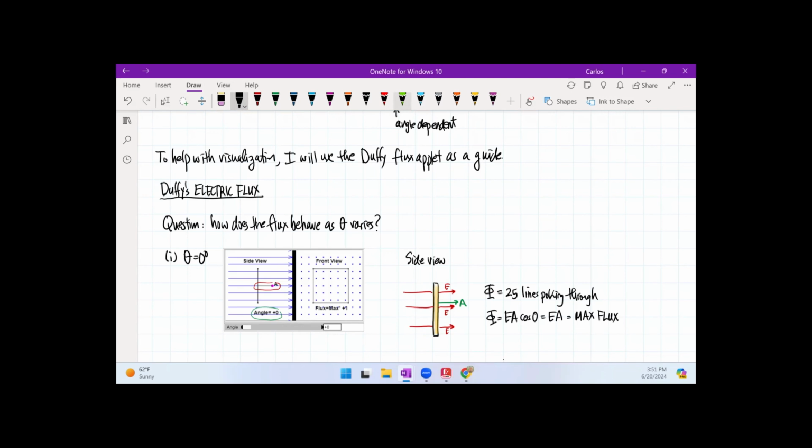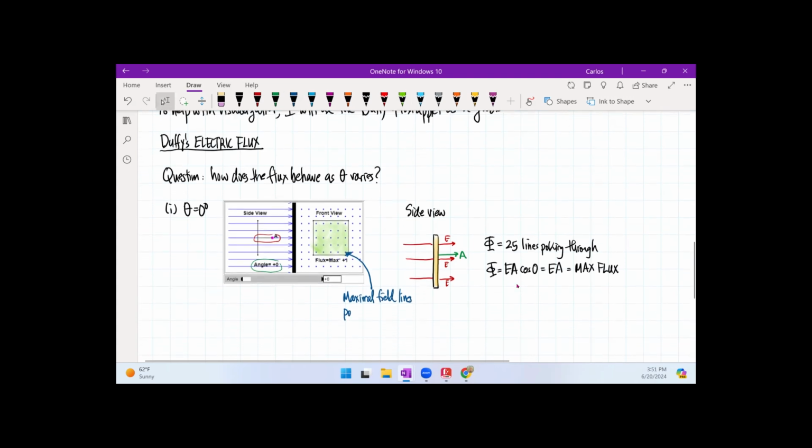So right here, when I'm looking at this, we're finding that we get maximal field lines poking through this rectangle.